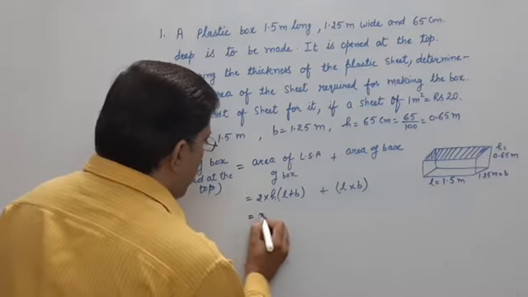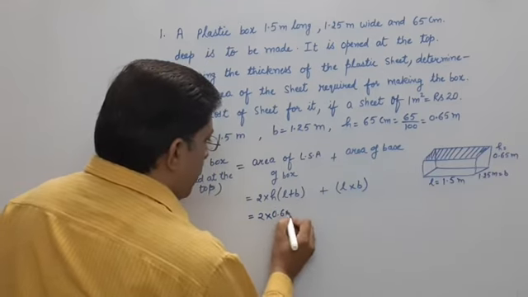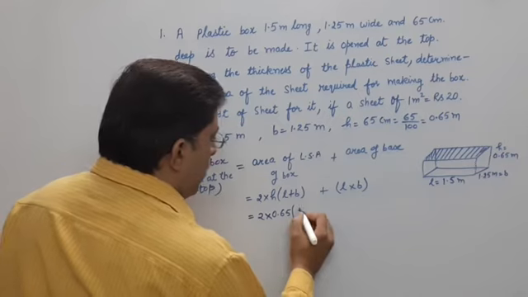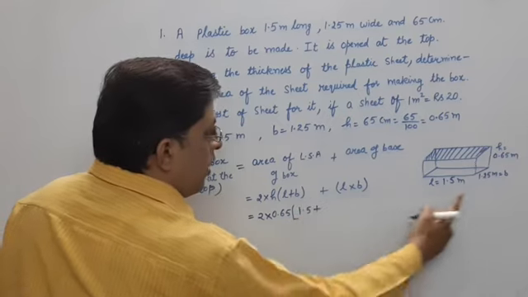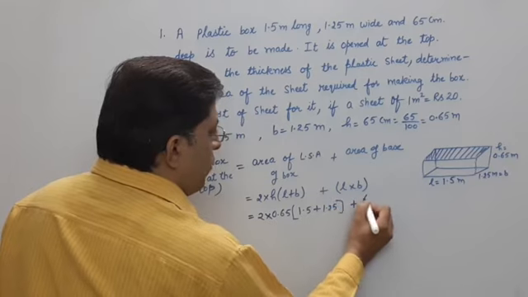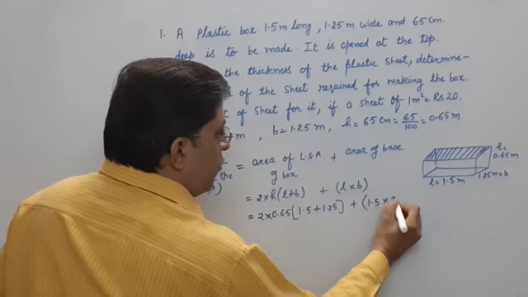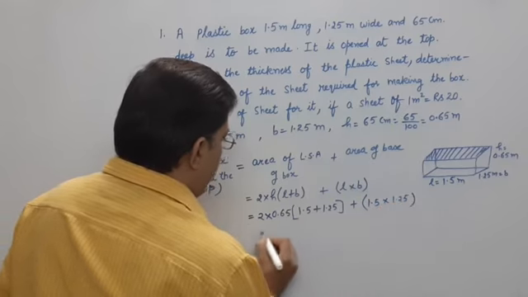2 into H is 0.65, L plus B means 1.5 plus 1.25, plus L into B, where L is 1.5 into 1.25.